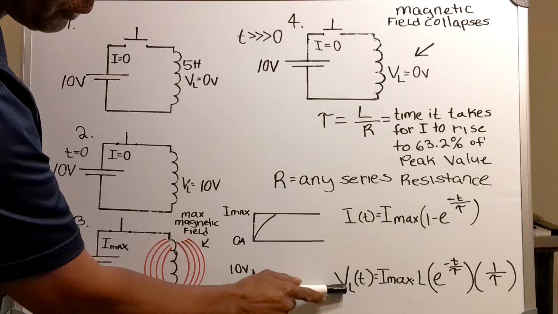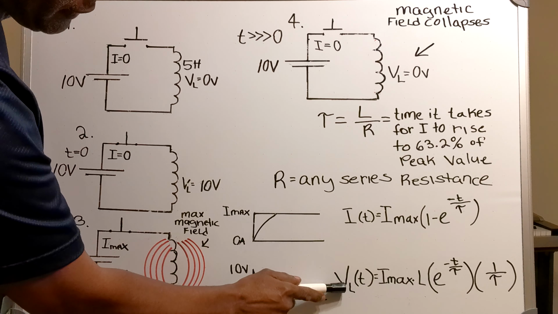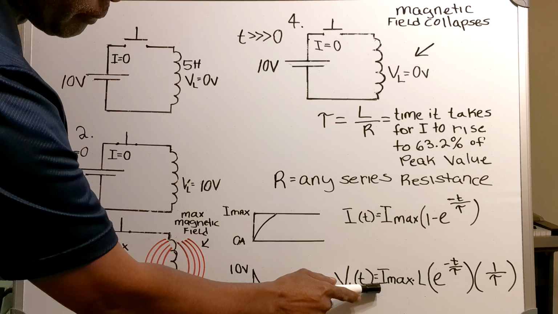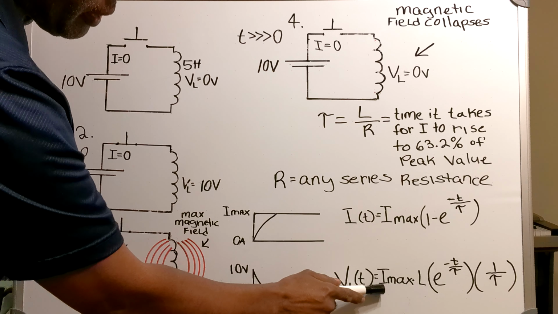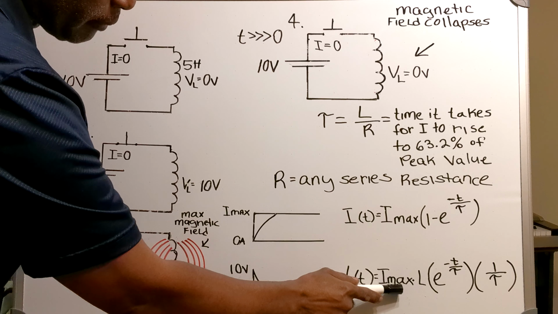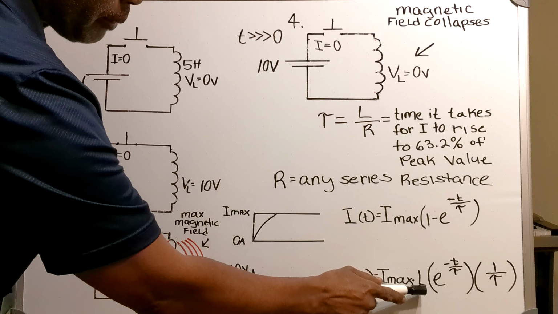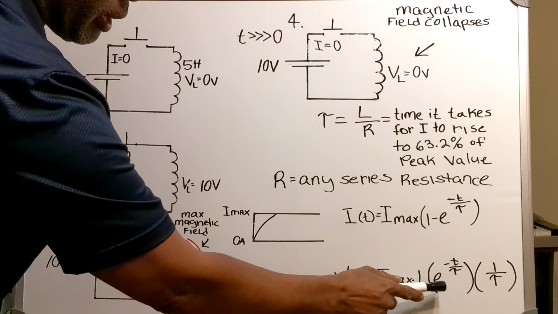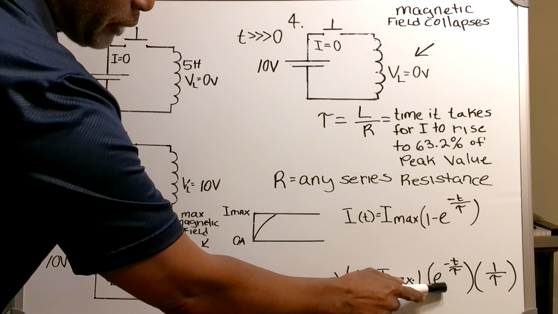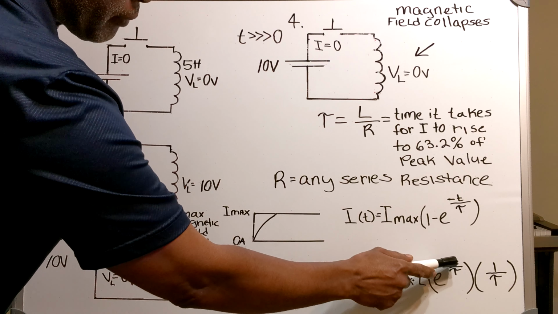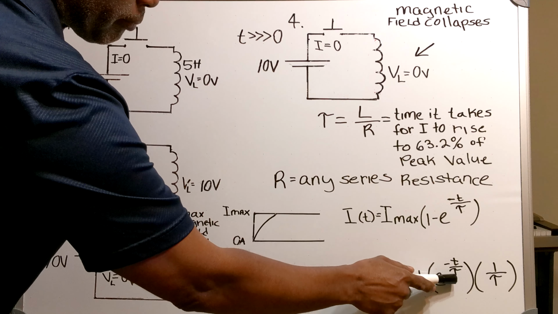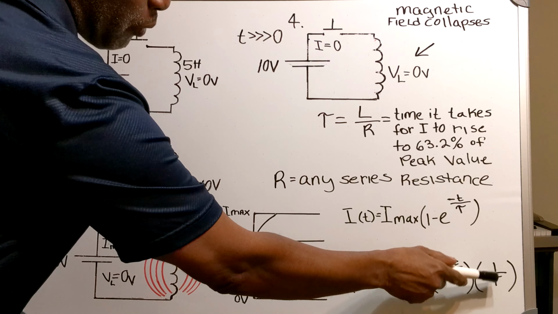The formula for the voltage is VL of t equals the maximum current times the inductance times e to the minus t over tau times 1 over tau.